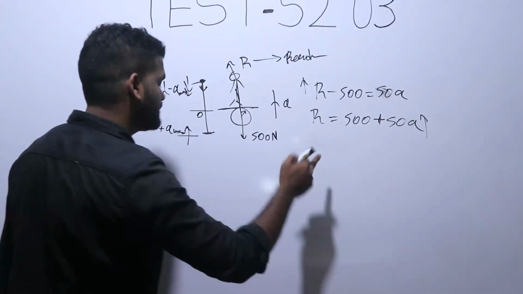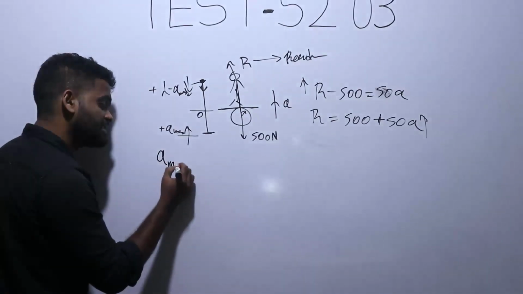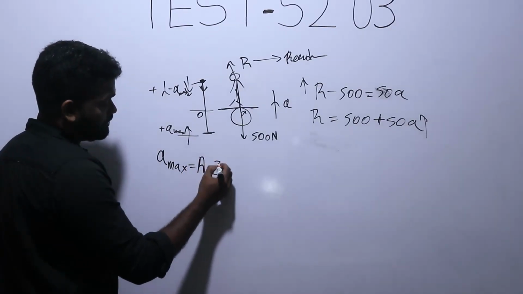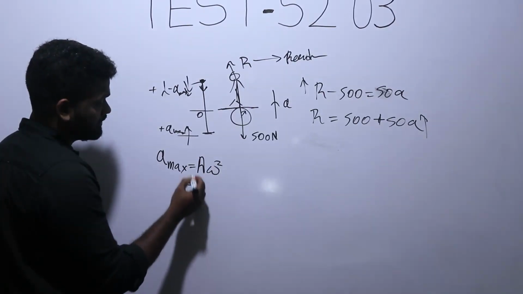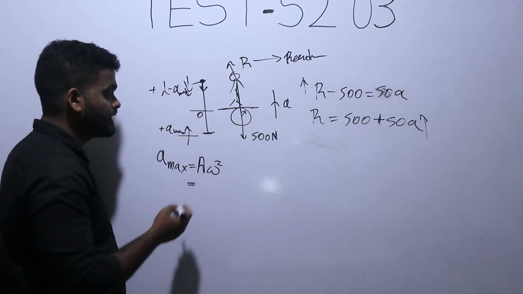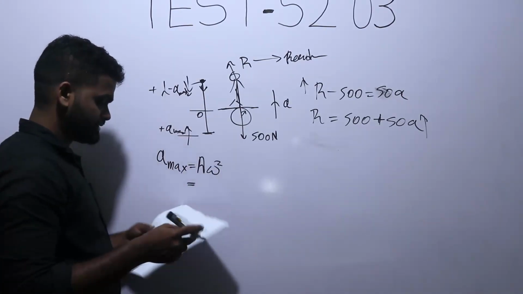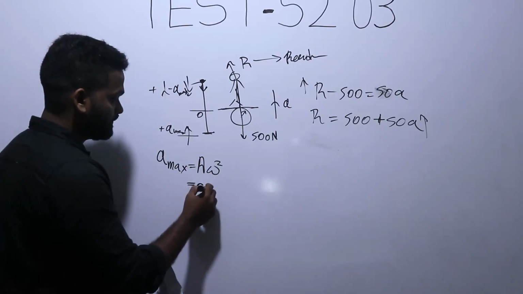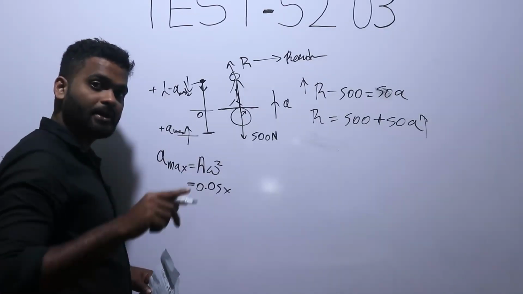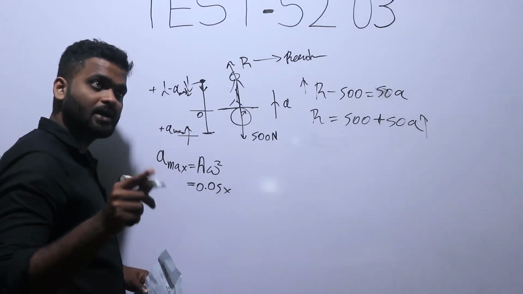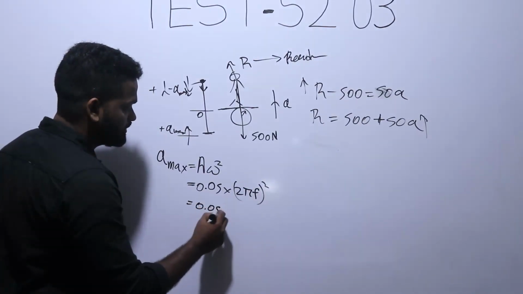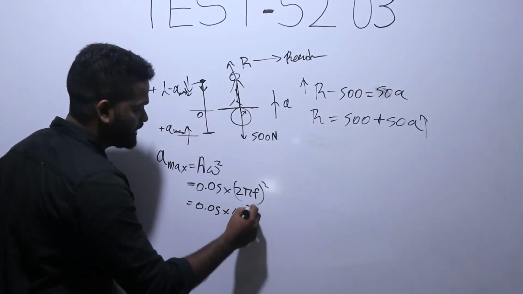First we will find the magnitude of maximum acceleration. So maximum acceleration is A omega squared. I'll omit the negative sign, I just need the magnitude here. The amplitude is given as 0.05. Frequency is 2 Hz. You know that omega is 2 pi f. So it's 0.05 times 4 pi squared f squared.